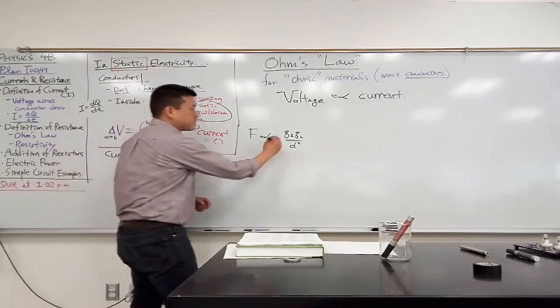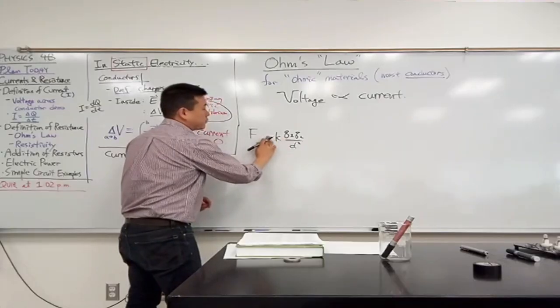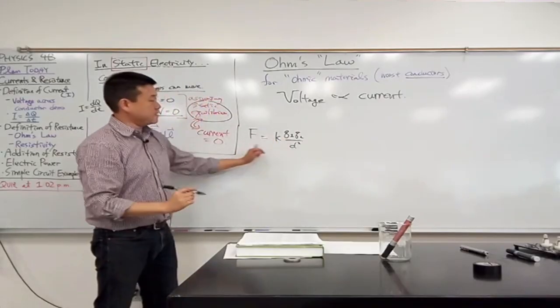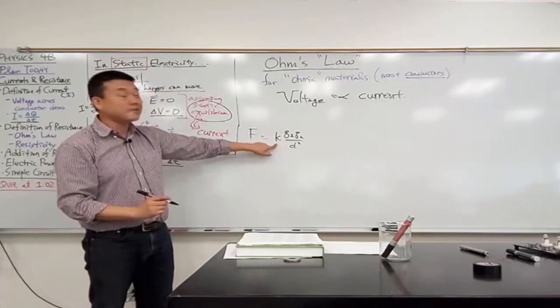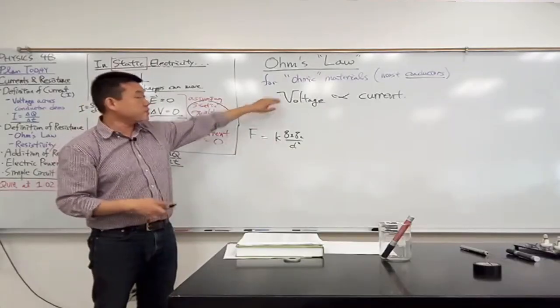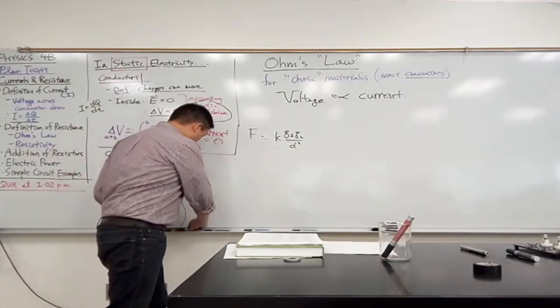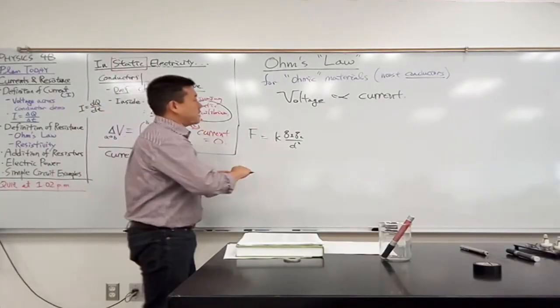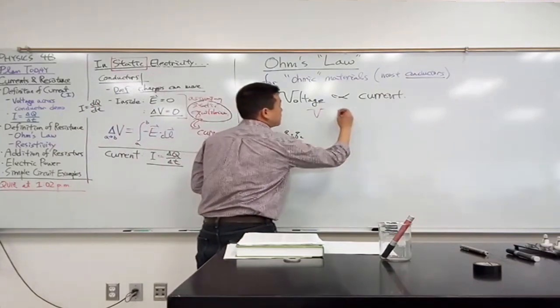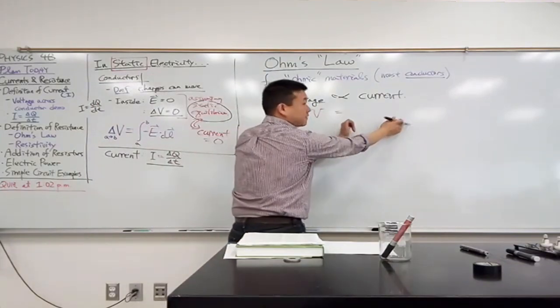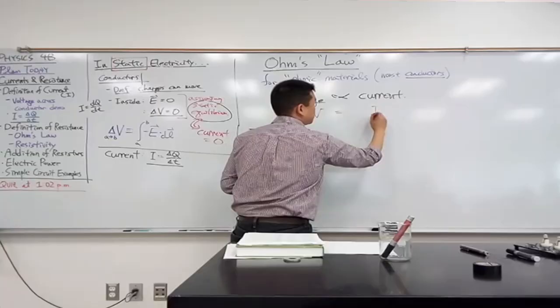Yeah, we introduced a constant here when we were dealing with electrostatics so that we can say this is equal to this. And we'll determine the constant later. So we are going to do the same thing here. With Ohm's law, what we really want to say is that voltage is equal to some quantity involving current.